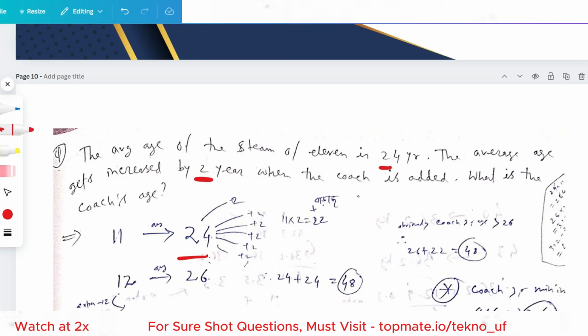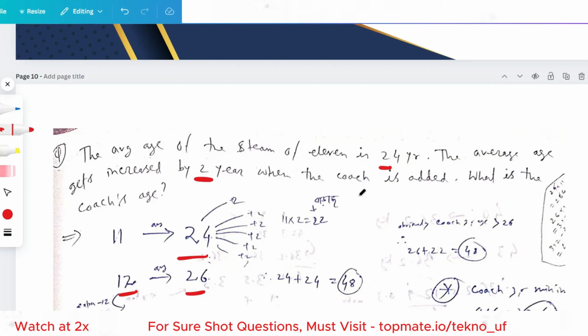The earlier total was 24 into 11, that becomes 264. The new total is 12 into 26. If we subtract 24 into 11 from 12 into 26, we get the new coach's age.